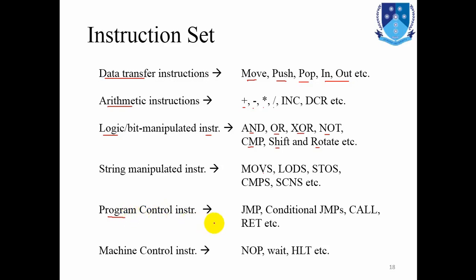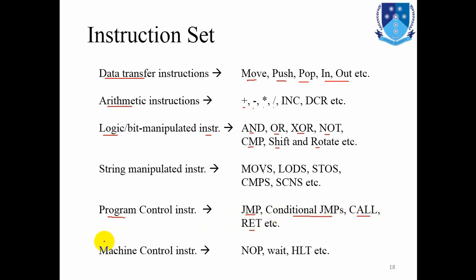These instructions include the jump instruction, the conditional and unconditional jump instructions. Similarly, the conditional and unconditional call instructions and the return instructions which are used with subroutines.